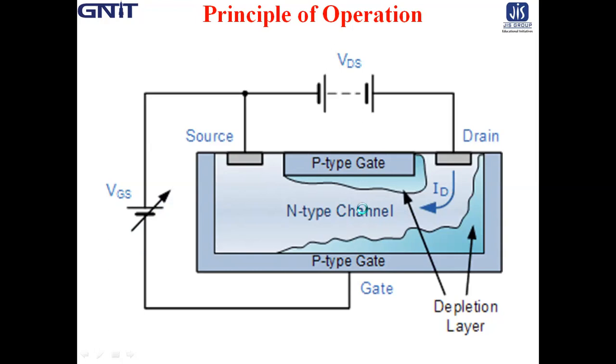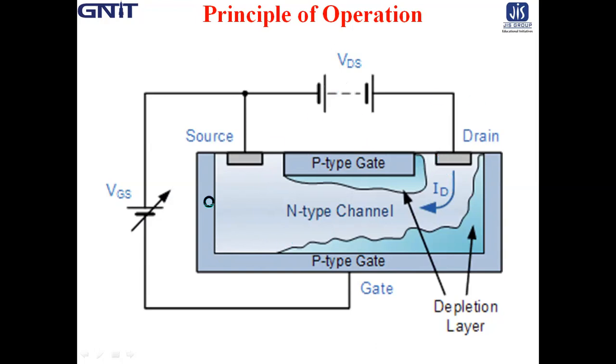Now, when VGS is 0, a positive voltage is applied between drain and source, that is VDS is positive. The electrons flow from source to drain, and the conventional current ID is directed from drain to source.